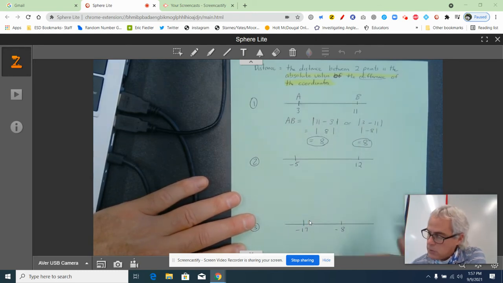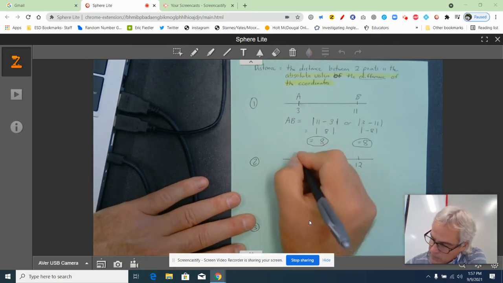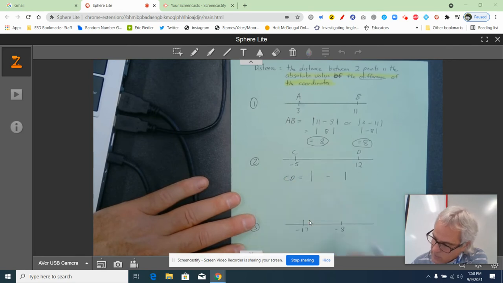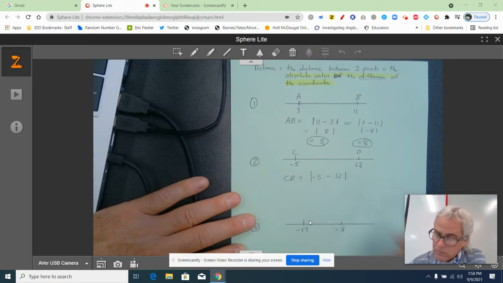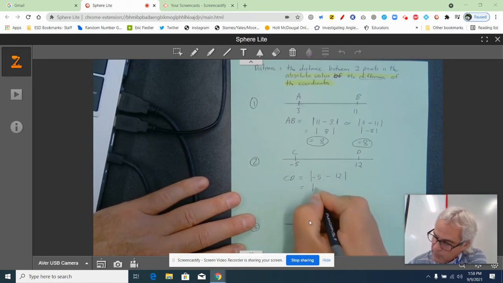Let's try it on number 2. So on number 2, absolute value of the difference, I'm going to call this point C and this one point D. So CD is equal to, I'll put the negative 5 here, and I'll put the 12 there. Okay, negative 5 minus 12 gives me a negative 17. Absolute value of negative 17 is equal to 17.